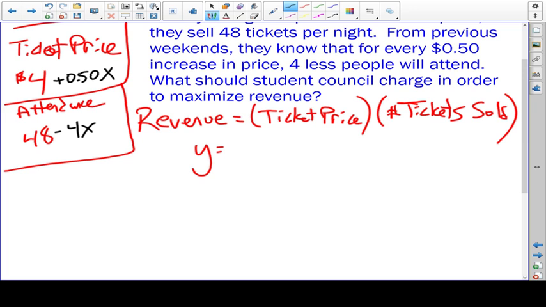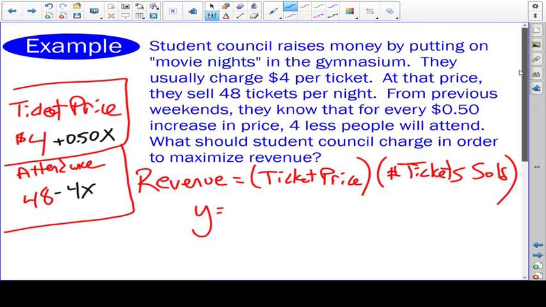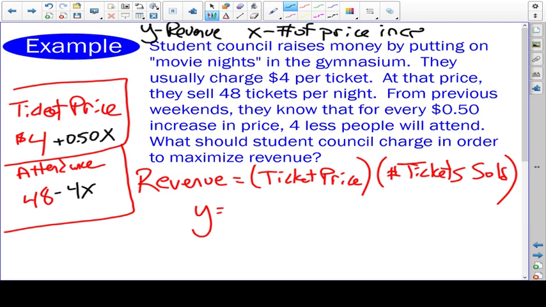So we do have to define our variables, or we should. Y is the revenue, and X is the number of price increases.